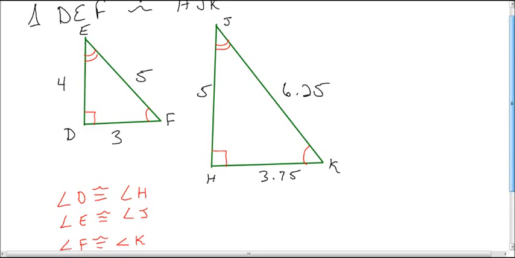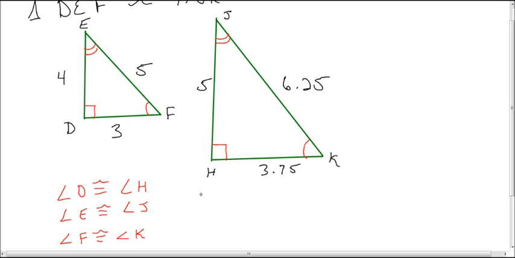We see side DE, and HJ. So what's the measurement for DE? 4. What's the measurement for HJ? 5. Now, what we're going to do here is simplify this as best possible.